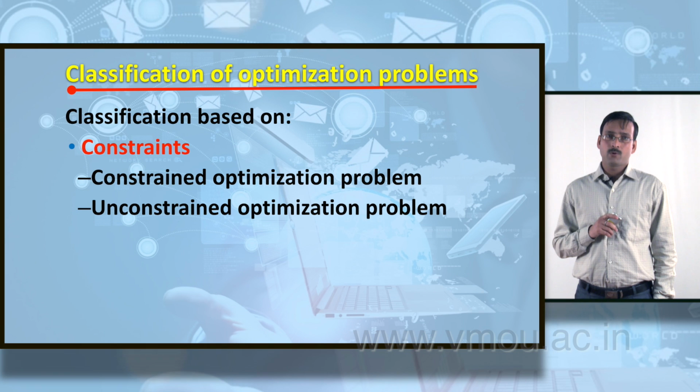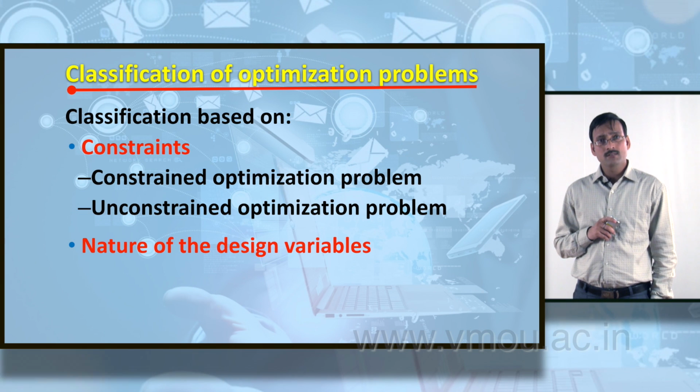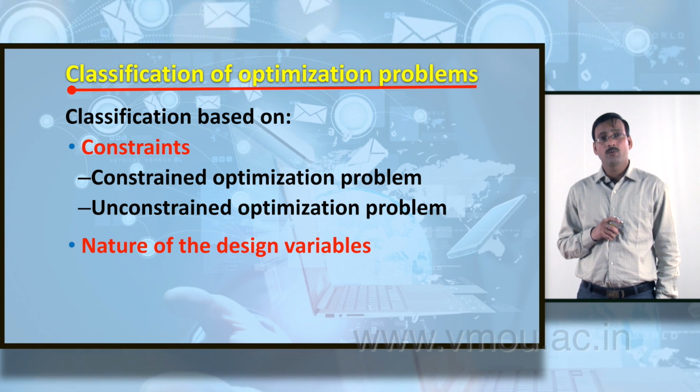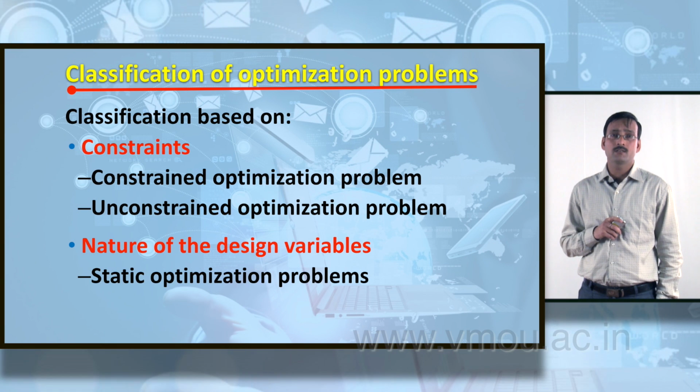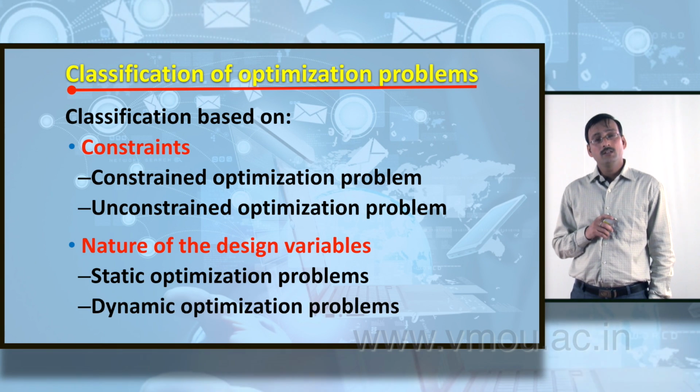Those are known as unconstrained optimization problems. If you consider the nature of decision variables, then the optimization problems can be classified into two parts: static optimization problem and dynamic optimization problem. In the static optimization problems, the decision variables are always constants, while in the dynamic optimization problems, decision variables are functions of some parameters.